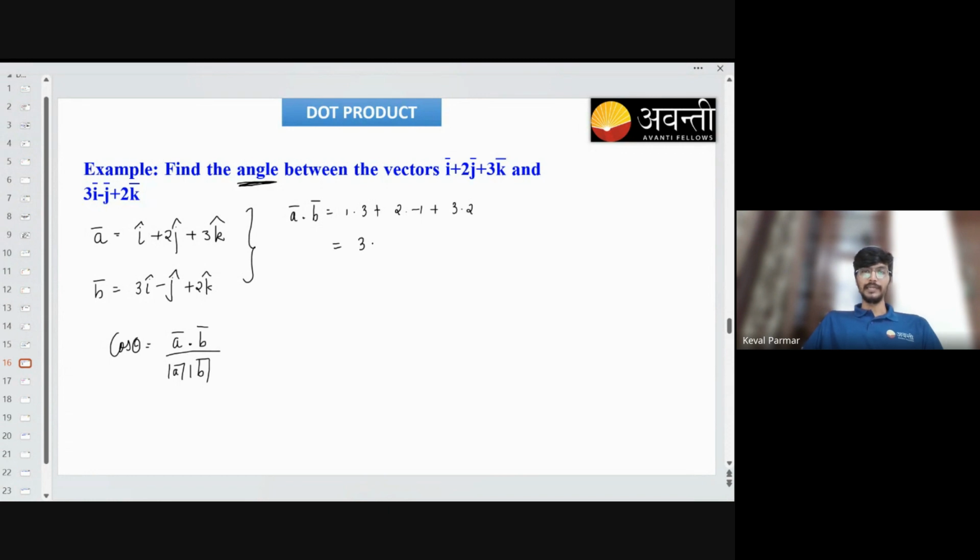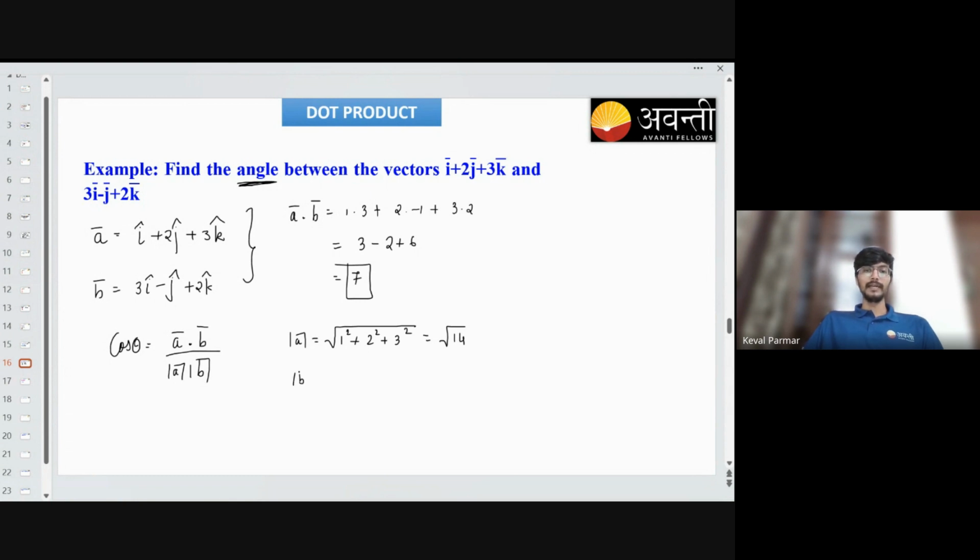So I got 3 minus 2 plus 6, which equals 7. What is mod A? Mod A is under root of the coefficients squared and added. So this is, I guess, under root of 14.